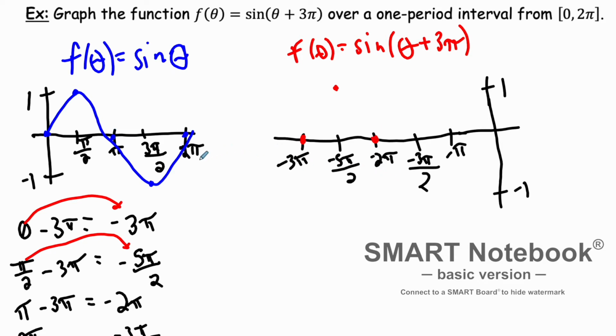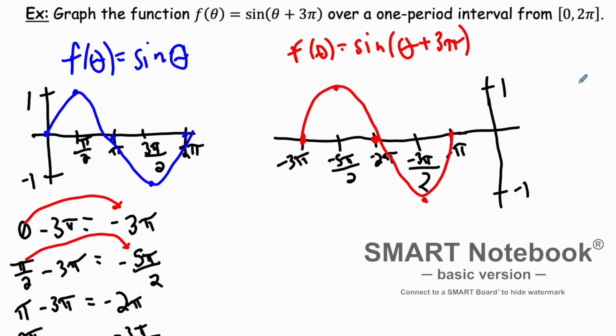Next up, 3 pi over 2, -1 was shifted over to -3 pi over 2, -1. And the last one, 2 pi, was shifted over to -pi, so that's at 0. So this is what our final graph would look like here for sine of theta plus 3 pi.